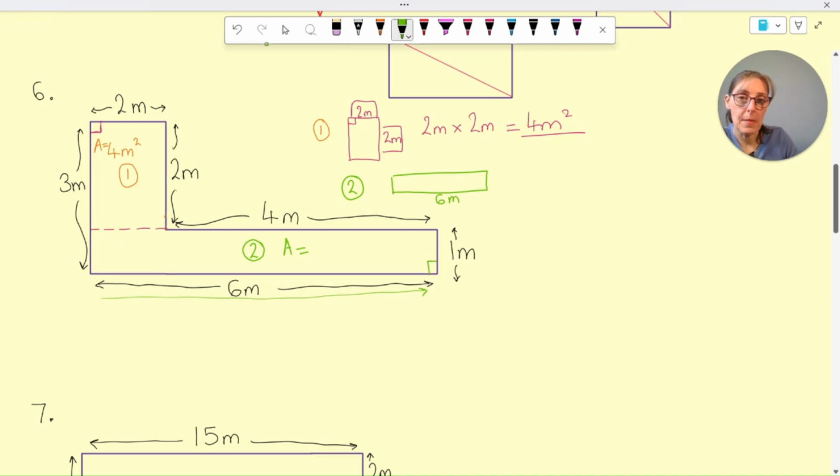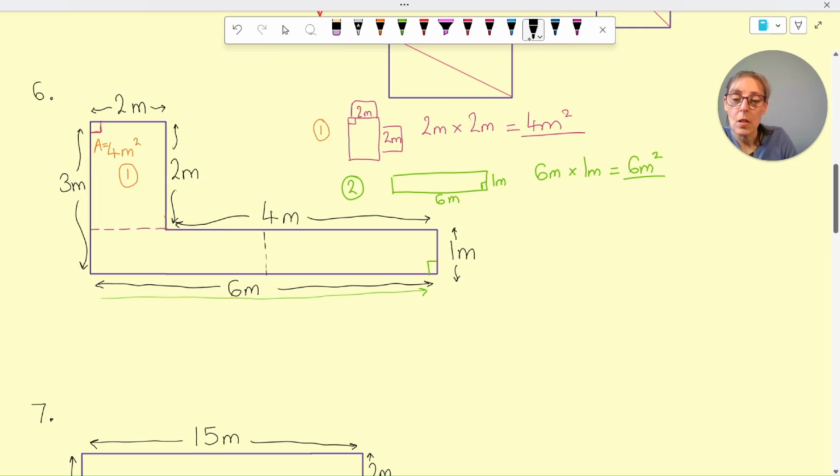So I have 6 meters by 1 meter. So I'm going to say 6 meters multiplied by 1 meter is equal to 6 meters squared, because they are area. Let's just chat through briefly.